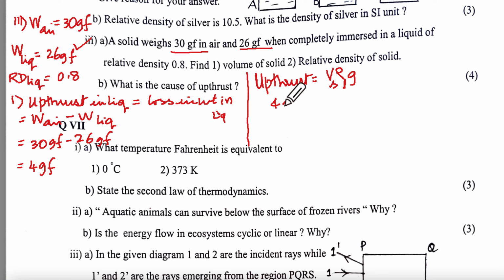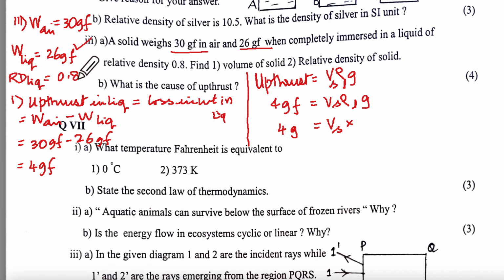So 4 gf is equal to Vs rho L g. Correct? Now, if I remove this g, I will have 4 gram equal to volume of the solid into the density of the liquid.